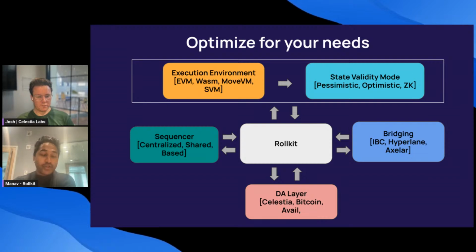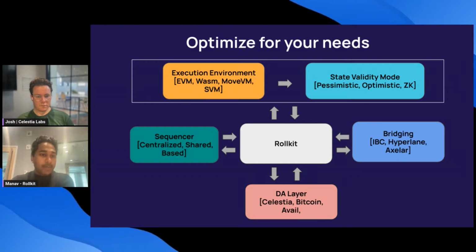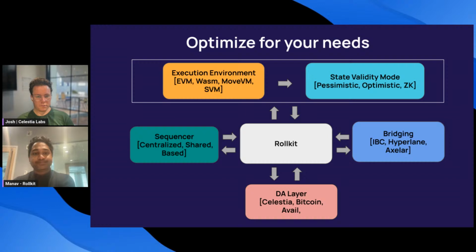You can pick and choose. What we're trying to build is that when you want to build a blockchain, you can pick and choose the different modular components of what makes a blockchain. Those involve the DA layer, sequencer, executor.